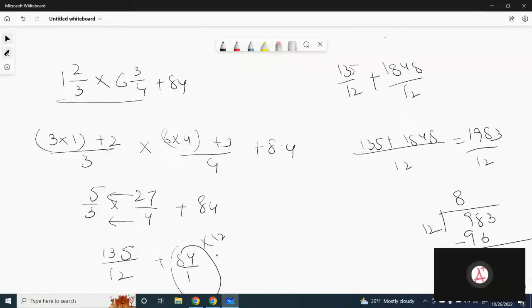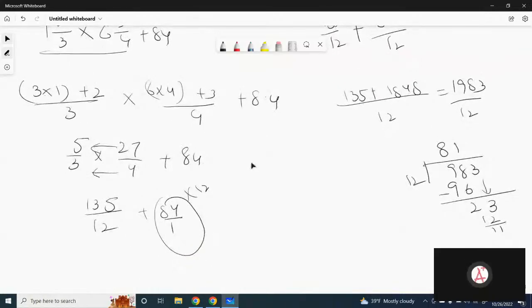So 98 subtract 96 is 2 and bring the 3 down. So it would be 12 times 1 is 12 and here we have 11. So you can write 81 whole 11 over 12. Got it? That means it would be 81 whole 11 over 12.